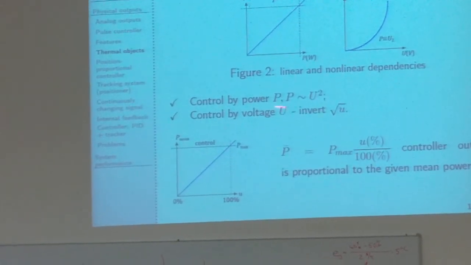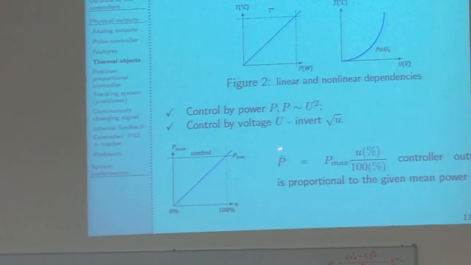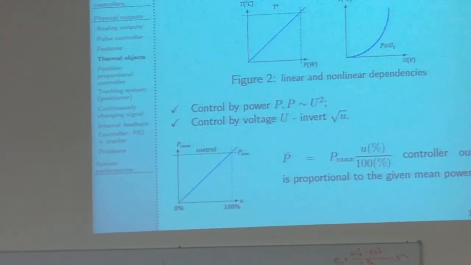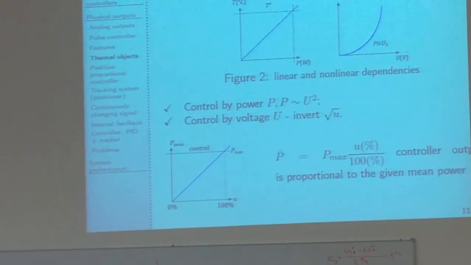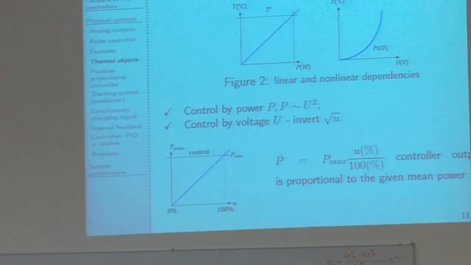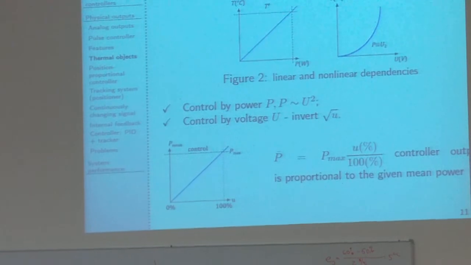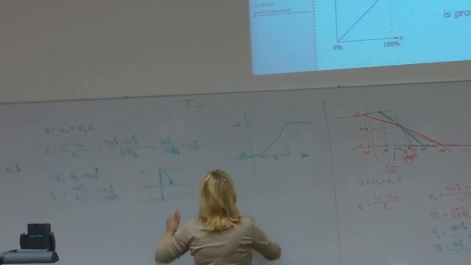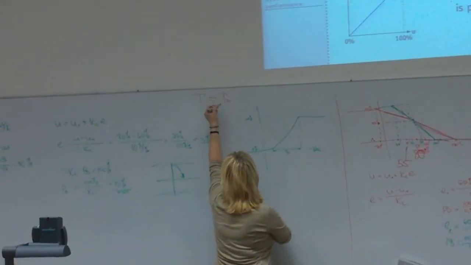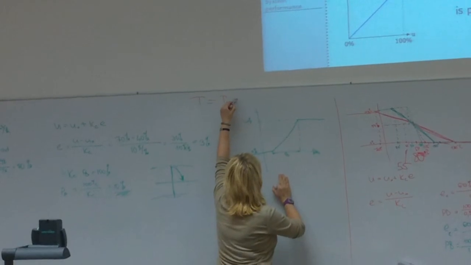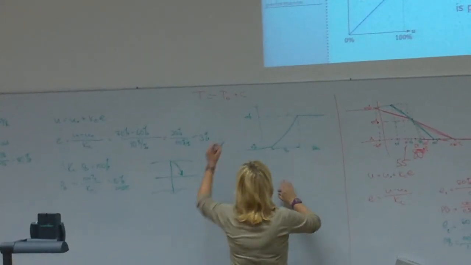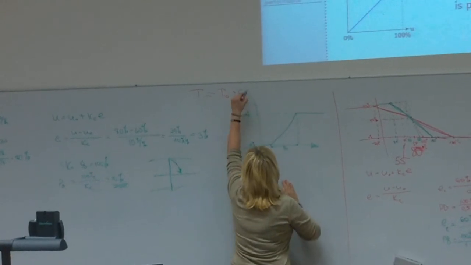Because if we would like to control temperature, and we know the voltage on our object, then the dependency between those, as you found in our first laboratory work, depends on the initial temperature plus some coefficient related to the object.